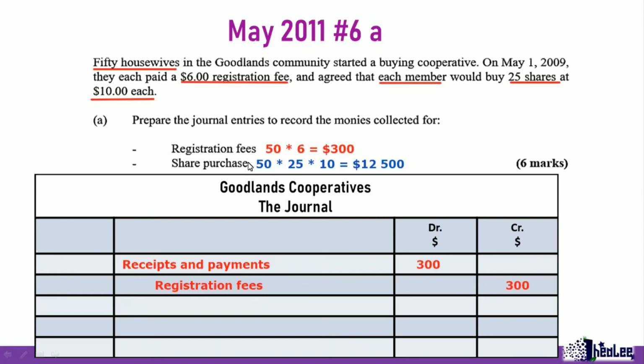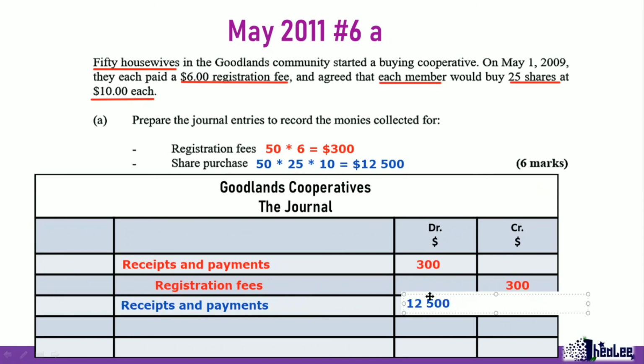The shares that were sold, that is share capital, is an increase in share capital. So our share capital account will be credited while our receipts and payments account is debited. And of course, we're going to enter the debit item first. So receipts and payments account is debited with that 12,500.